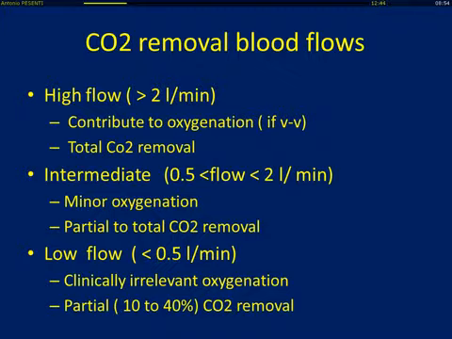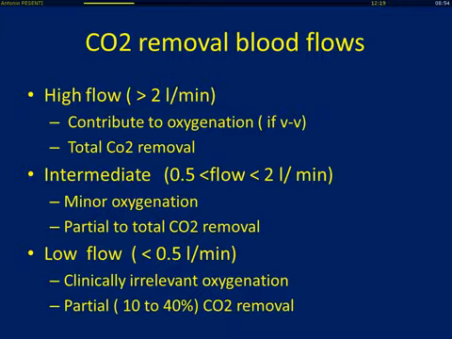Now, CO2 removal is around. We know how to perform CO2 removal. We have devices for extracorporeal CO2 removal. But we can do that at high flows, 2 liters per minute or more, or at very low flows, something like hemodialysis.